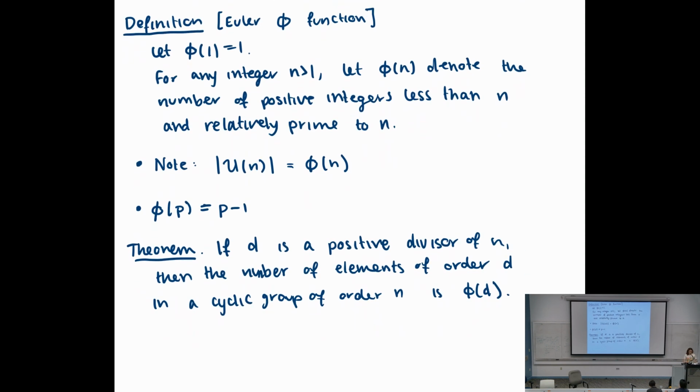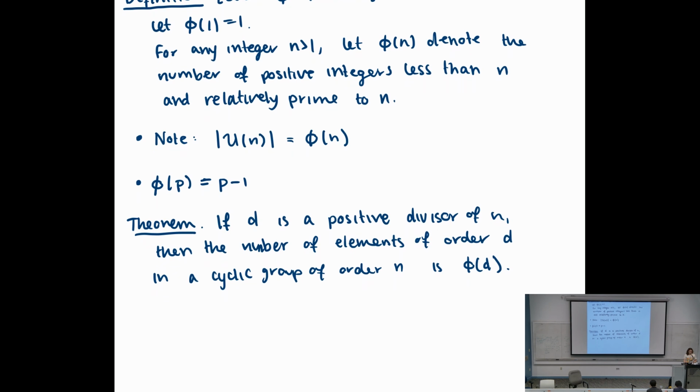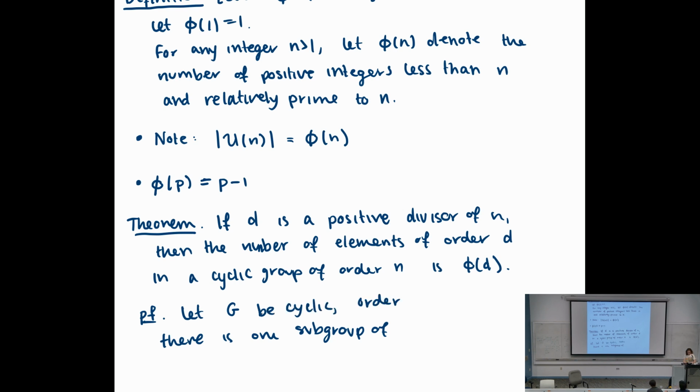So let's see how this is proved, just in a few minutes. So by the theorem, we have one subgroup of order D. Okay, let's set this up. Let G be cyclic and have order n.